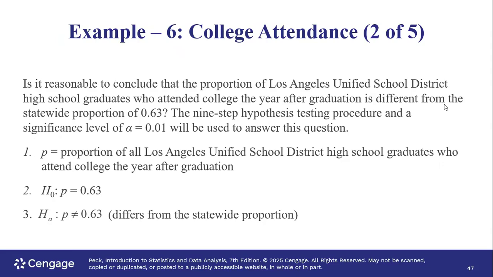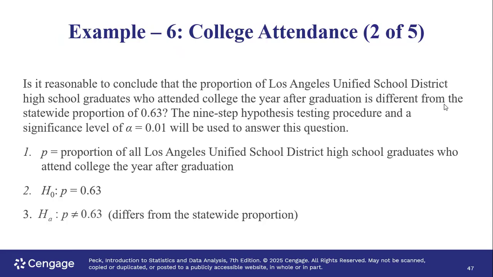The rule of thumb is, the smaller the value of p, the stronger is the evidence against H0, which is true in this case. We reject H0 and our conclusion is at alpha equal to 0.01, there is enough evidence to support the alternate, which is p not equal to 0.63.